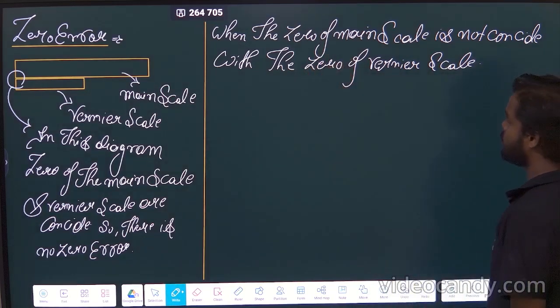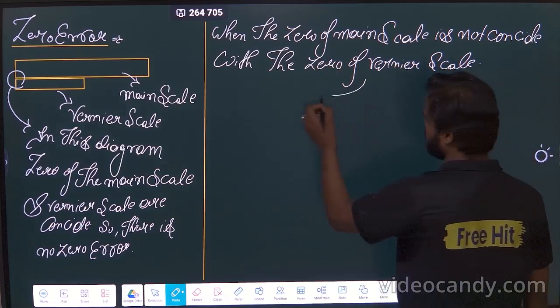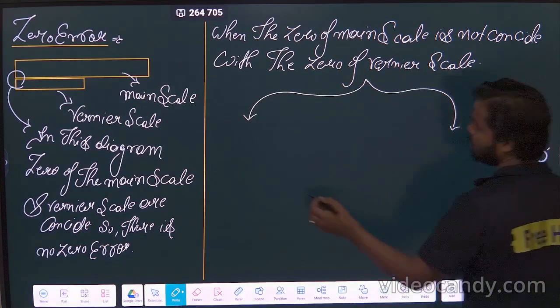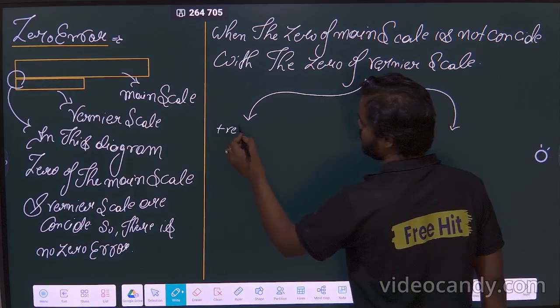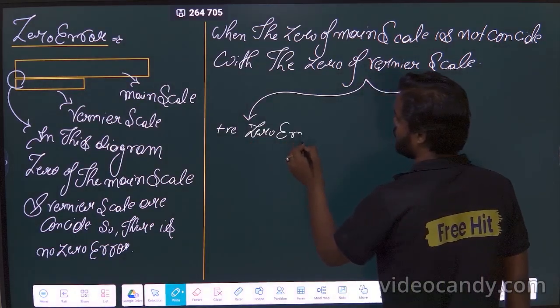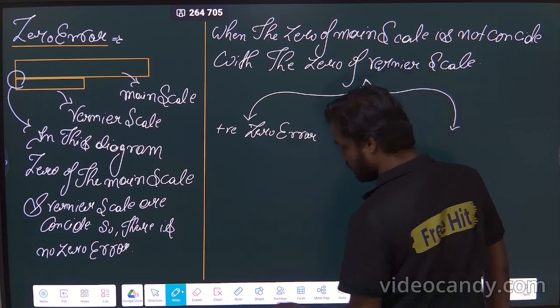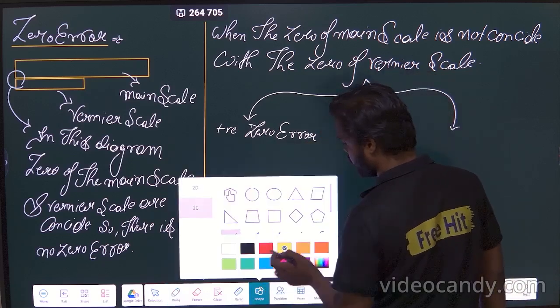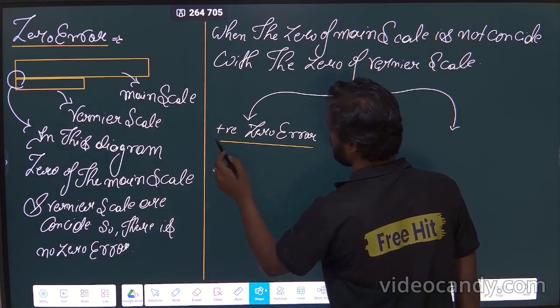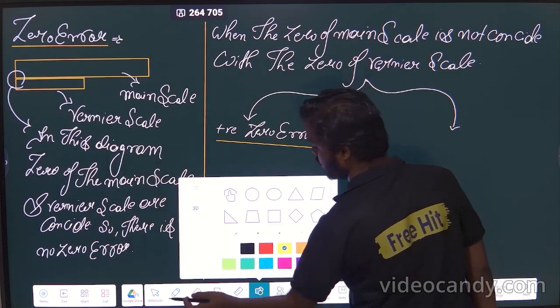Okay. So there are two types of zero errors. One is called a positive zero error. What is positive zero error? Just give me 2 minutes, I will explain you with the diagram. Then it will be more clear. Let me download that diagram.